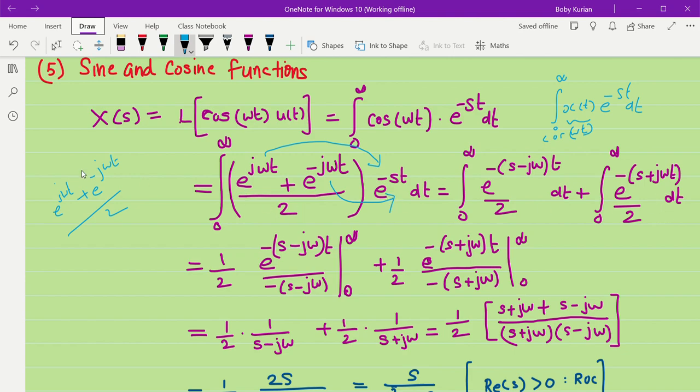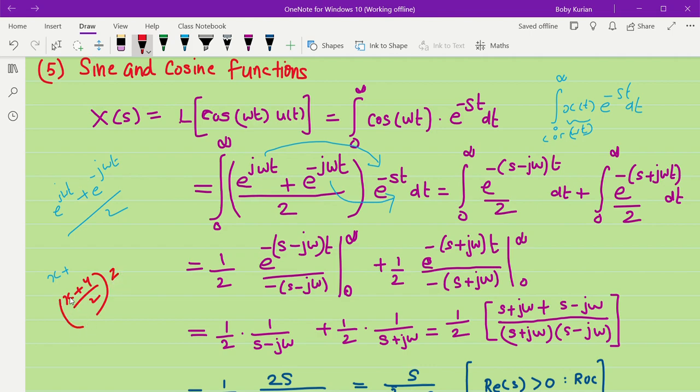Okay, we can split this into two. So e power j omega t divided by 2 into e power minus st, and the second term, e power minus j omega t divided by 2 into e power minus st. If you have any confusion or doubt, we need to consider it this way: x plus y by 2 into say z.